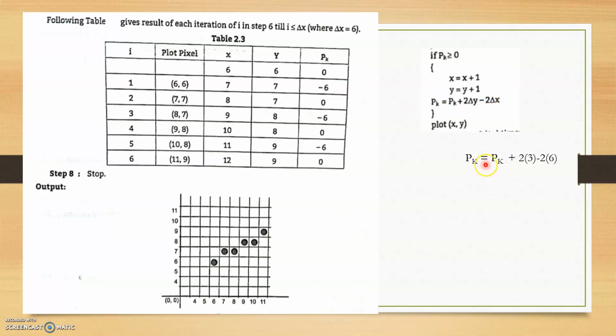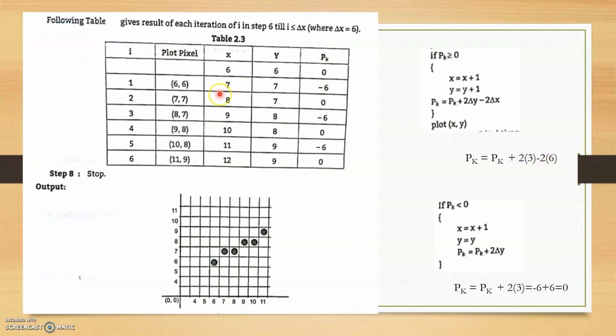Here our pk is 0 plus 2 delta y. Your delta y is 3. So 2 into 3 minus 2 into delta x, 6. So you get 0 plus 6 minus 12, that is minus 6.